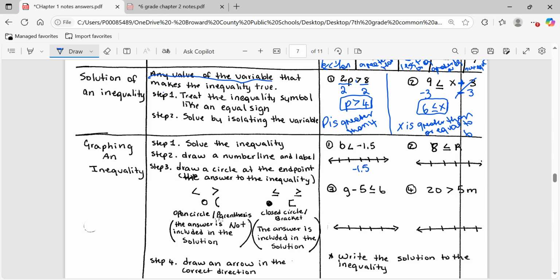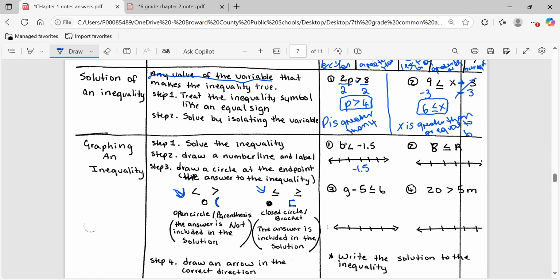Doesn't matter what else is there, but the solution has got to be on the number line. And then I'm going to think, do I have an open circle? Less than or greater than? This will give us an open circle. Or will I have a closed circle? The less than or equal, greater than or equal to, those will be in closed circle. Or it could actually be a bracket. Open circle or parentheses, closed circle or a bracket.